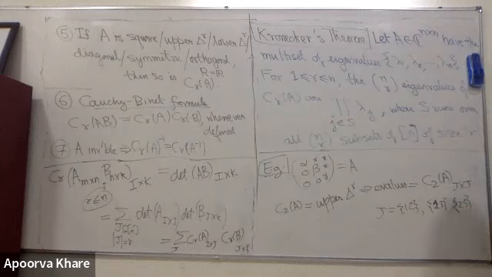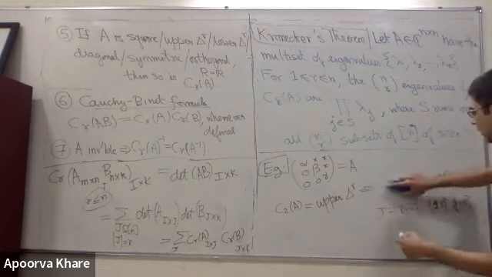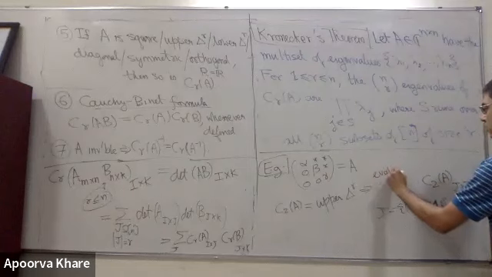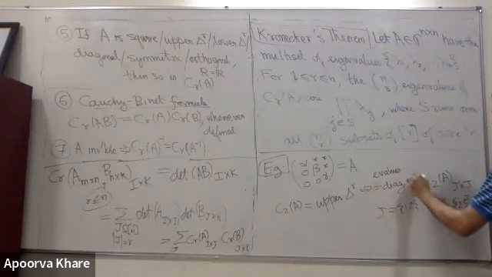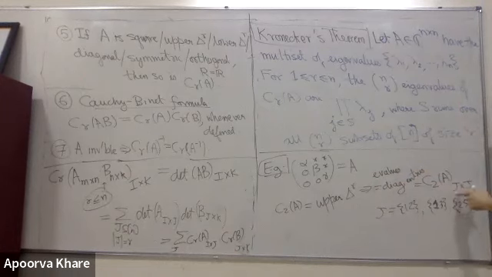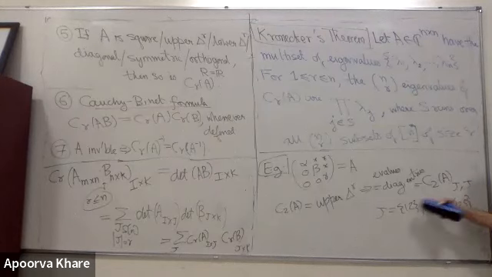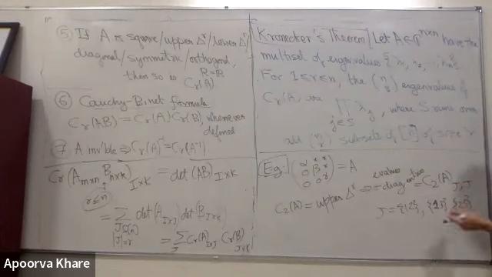Since it's upper triangular, the eigenvalues equal the diagonal entries, and the diagonal entries are called J cross J, or J comma J. And J has to run over the two element subsets of the index: 1, 2; 1, 3; and 2, 3.